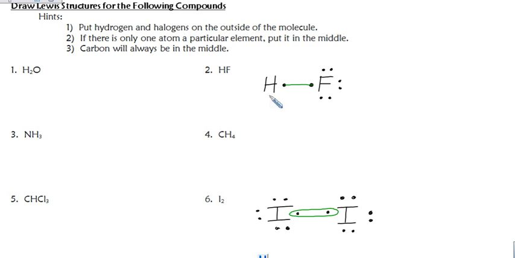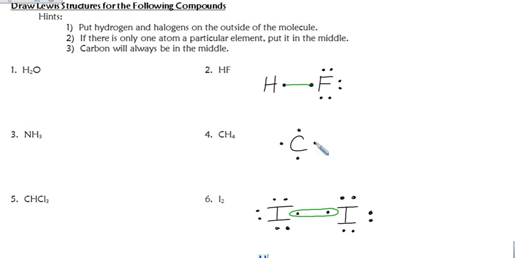If you only have 1 atom of a particular element, that's probably the atom that goes in the middle. For example, carbon, CH4, we only have 1 carbon, so we're probably putting the carbon in the center. Which it also tells me up on top, hint number 3, is that carbon will always be in the center.